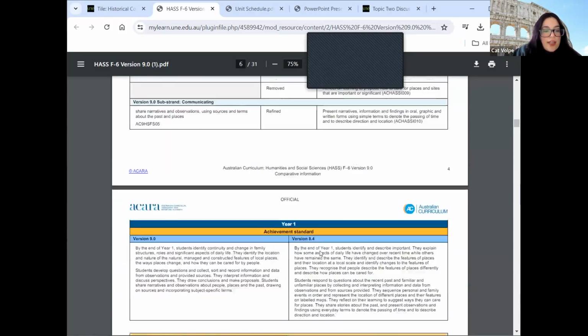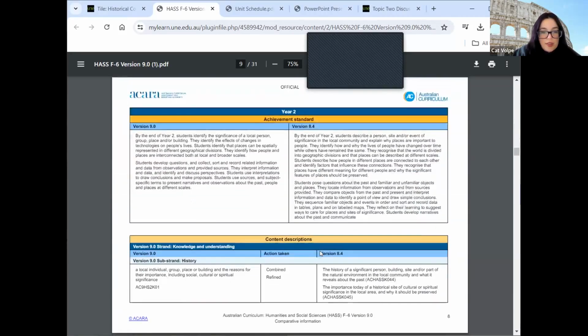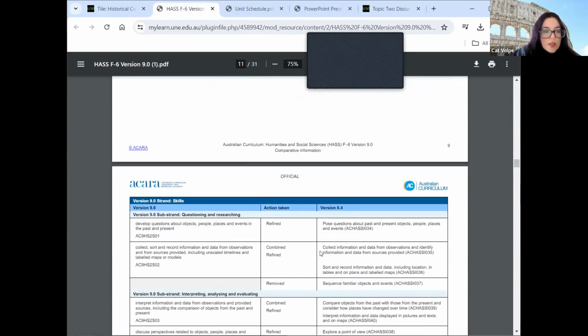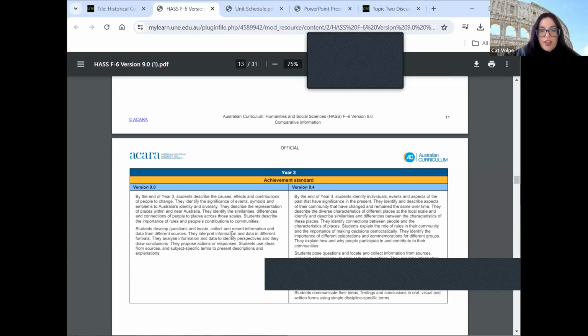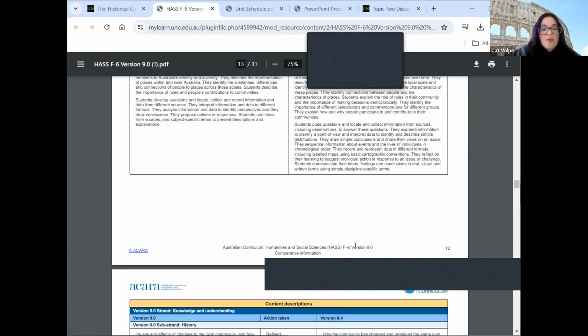So if we have a look at, for example, let's see, we'll go to year 3. So we can have a look at the changes here, the achievement standard.